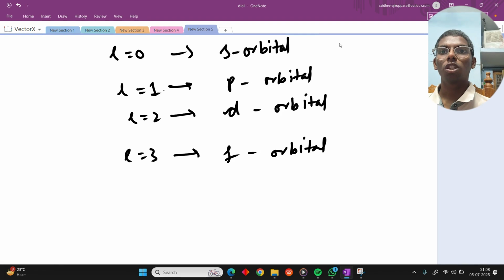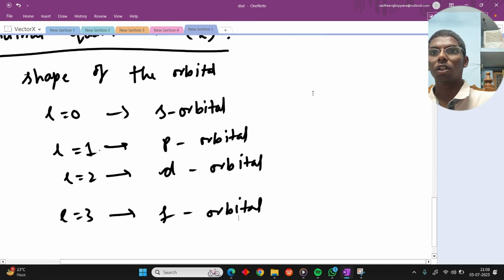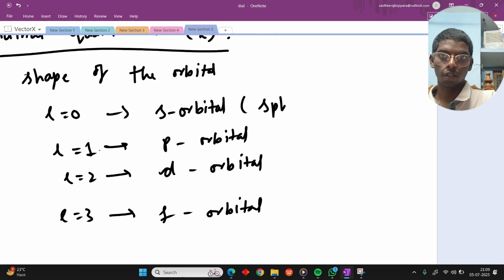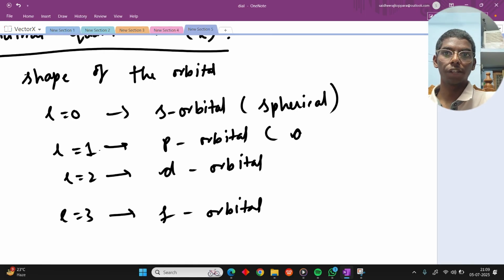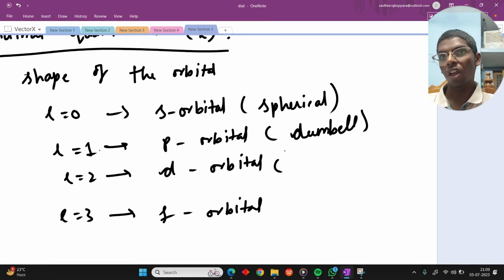While talking about the shapes, the s orbital is spherical in shape. The p orbital is dumbbell in shape. I shall be showing you pictures of the s orbital and p orbital. The d orbital is double dumbbell.